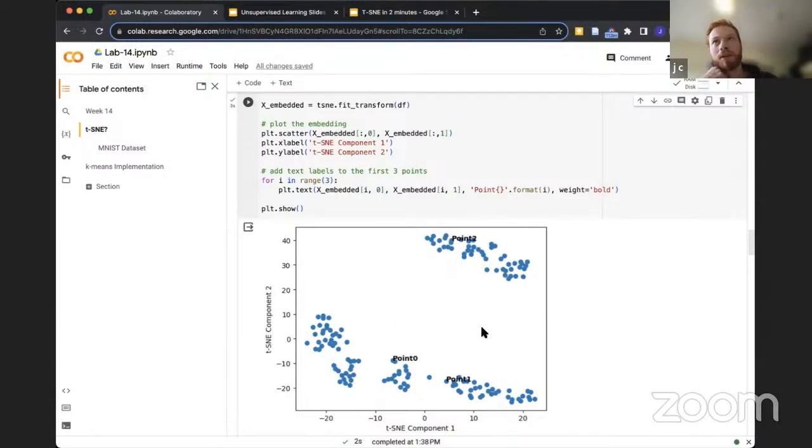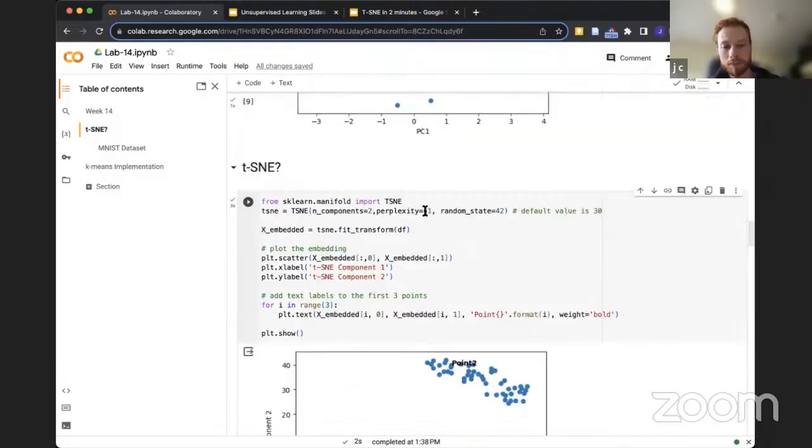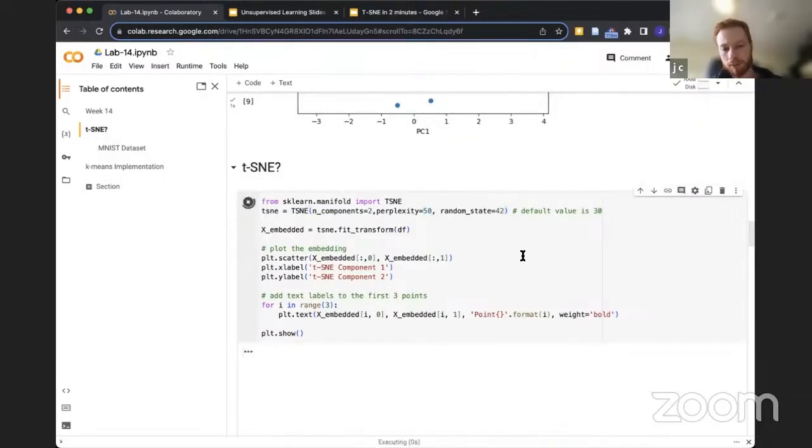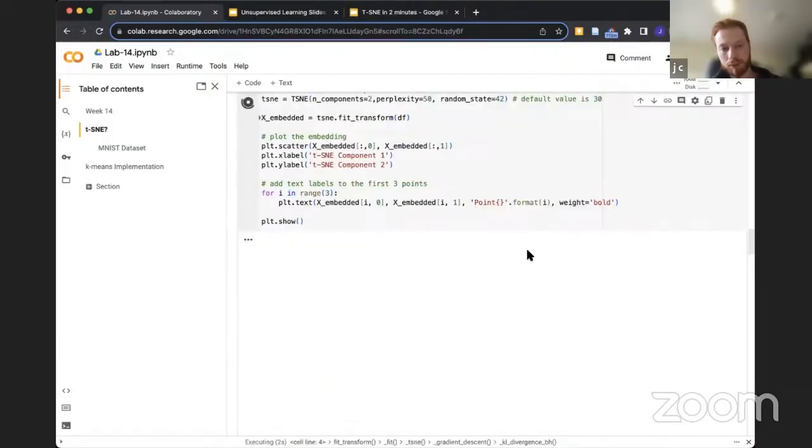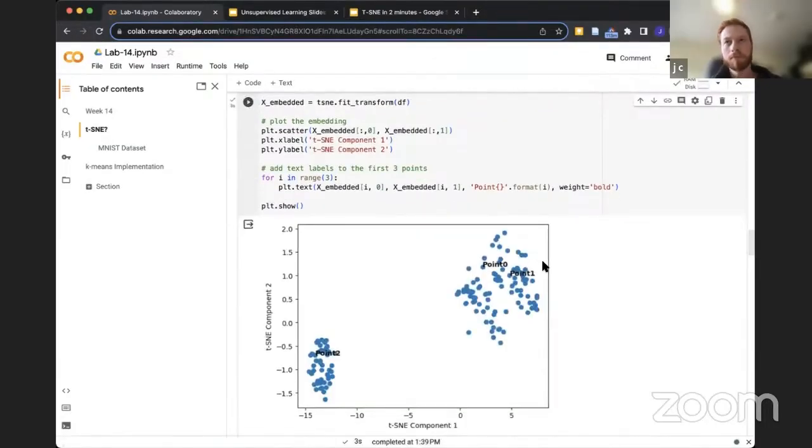So now, if we change the perplexity to, we had 50 or 40 earlier, would you still say 4? 2. Okay, and now we're running into the issues that we have with unsupervised learning. We're always looking at the same data, and the number of clusters ideally would be the same.